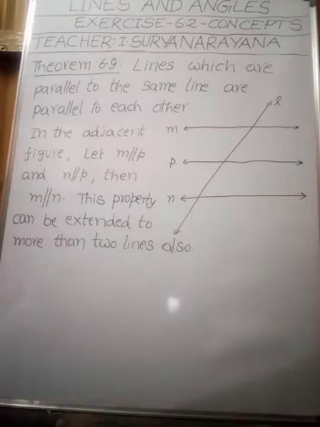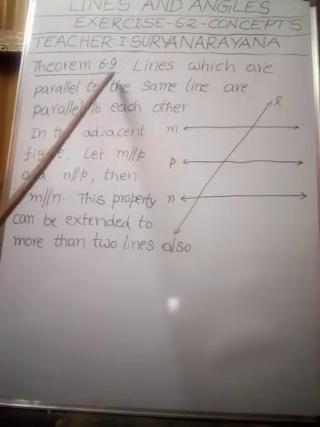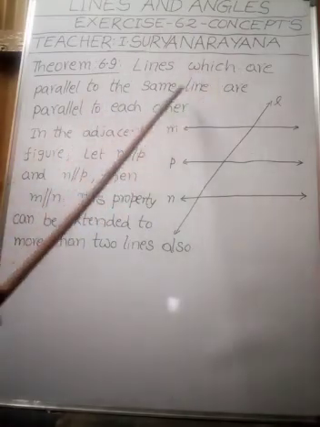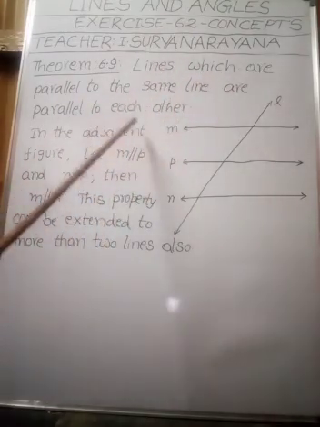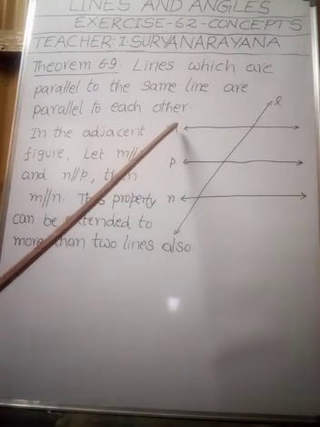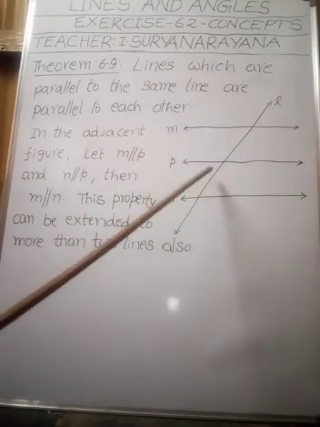Listen carefully. Theorem number 6.9. Lines which are parallel to the same line are parallel to each other. To understand this point, let us take a diagram, a figure.